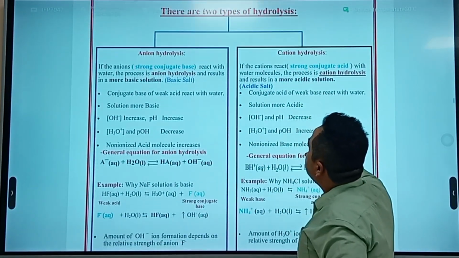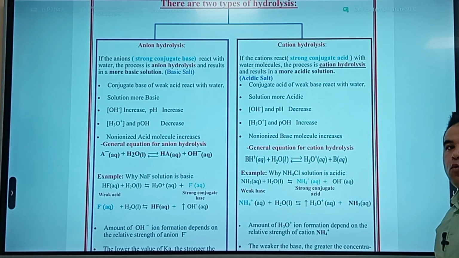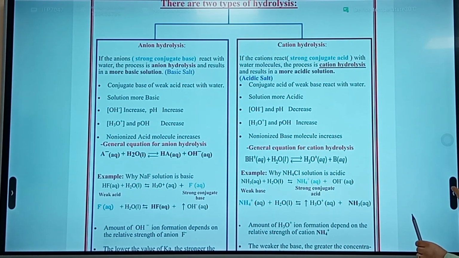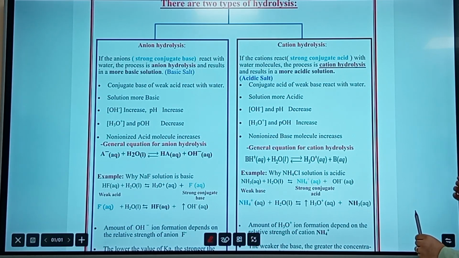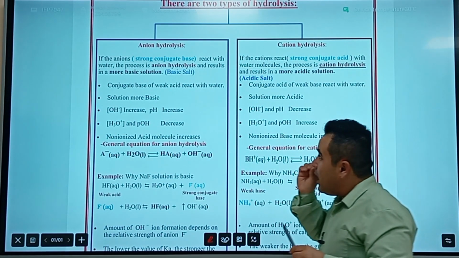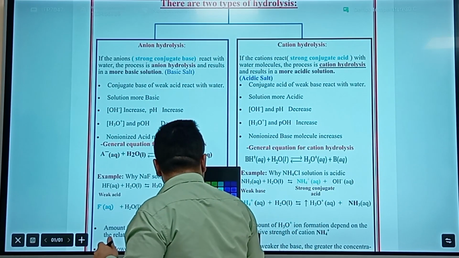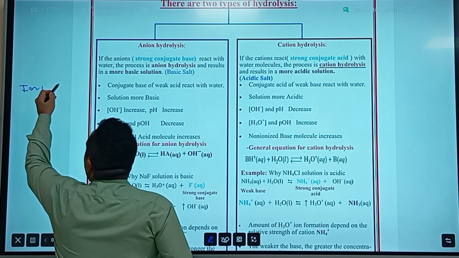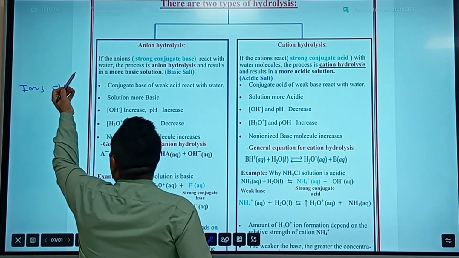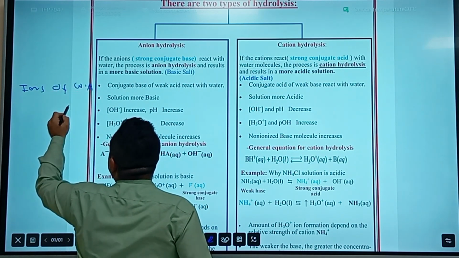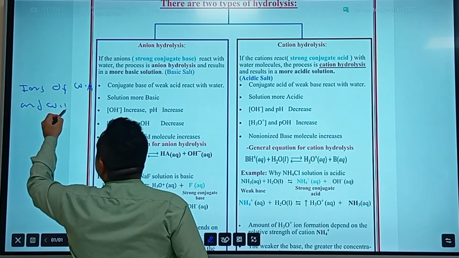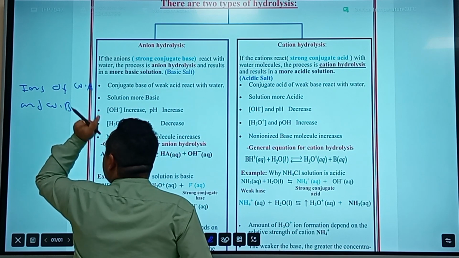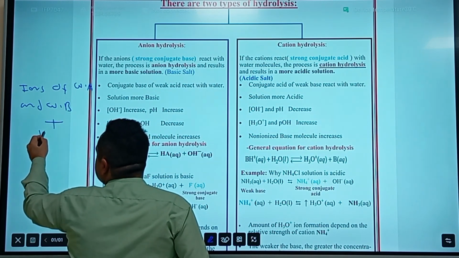Let us talk about the types of hydrolysis. We have two types of hydrolysis. As we talked about the types of buffer, let us talk about the types of hydrolysis. Guys, hydrolysis can be formed from ions of weak acids and weak bases reacting with H2O.